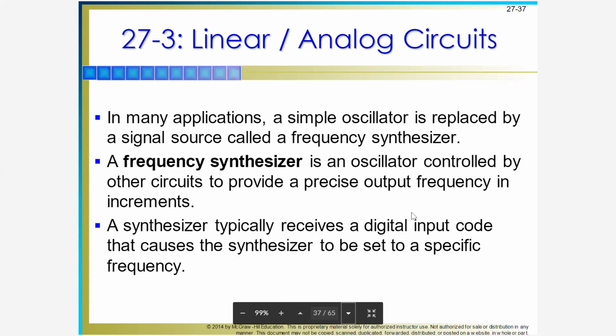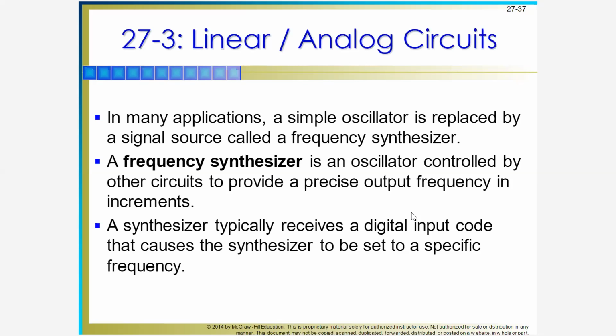In many applications, a simple oscillator is replaced with a signal source called a frequency synthesizer. Since we now have newer technology, where the old one was an oscillator, we are now using a frequency synthesizer. These are types of oscillators controlled by another circuit to provide a precise output frequency in increments.